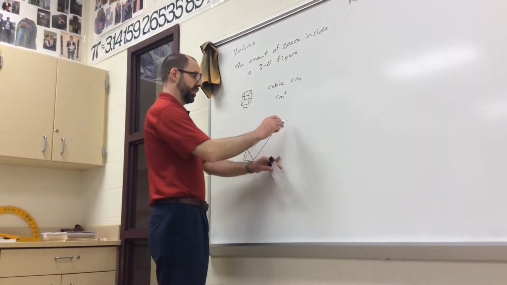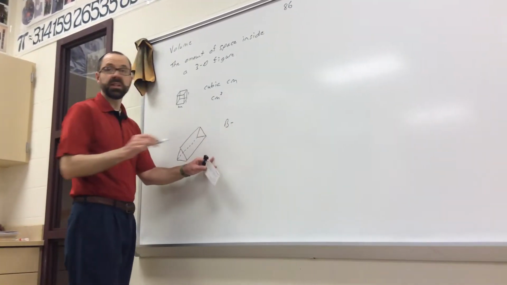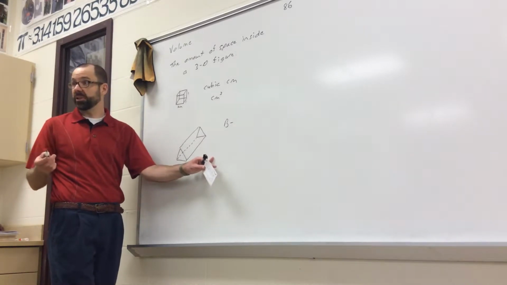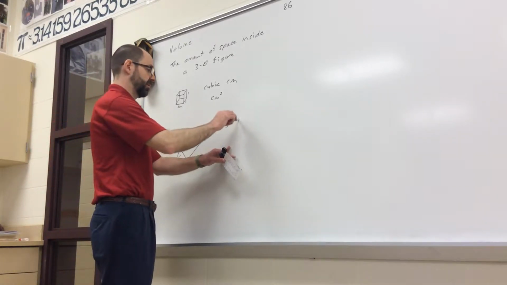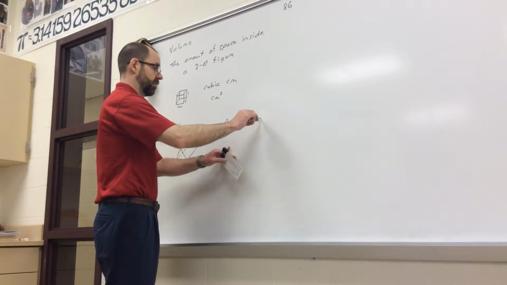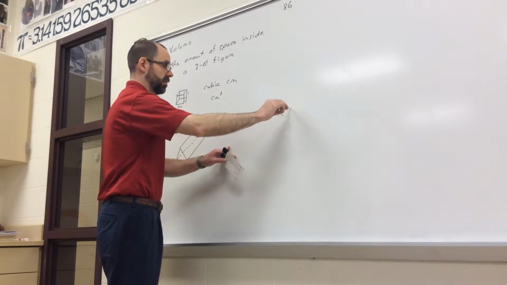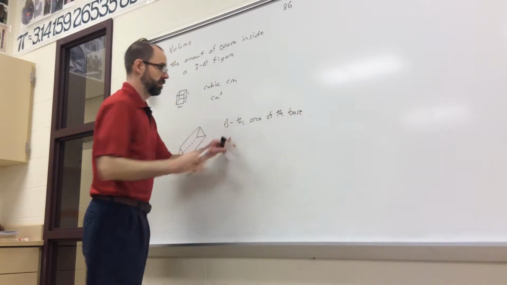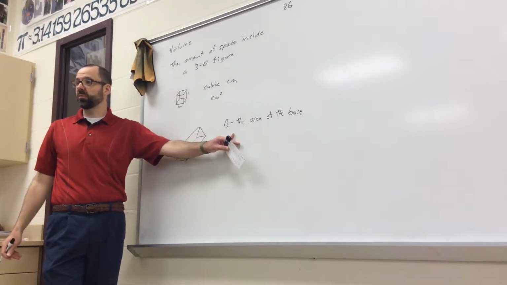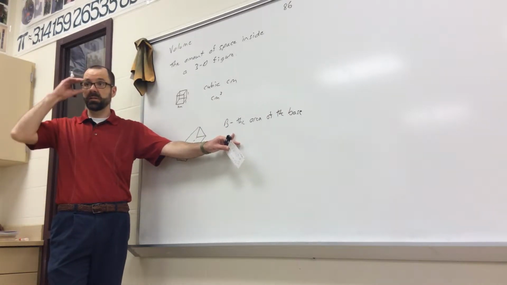And we're going to have a letter today, which is capital B, and it's going to stand for the area of the base. So capital B stands for the area of the base.